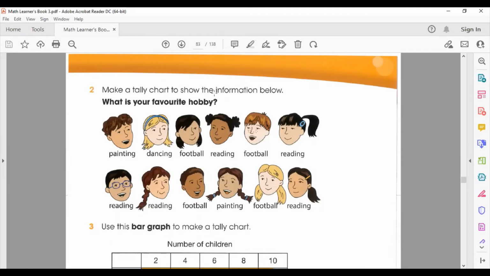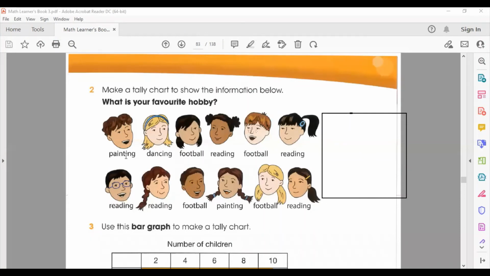Make a tally chart to show the information below. What is your favorite hobby? So let us make a chart. If there is no place, you can also make it in the notebook. So I need to write their names.